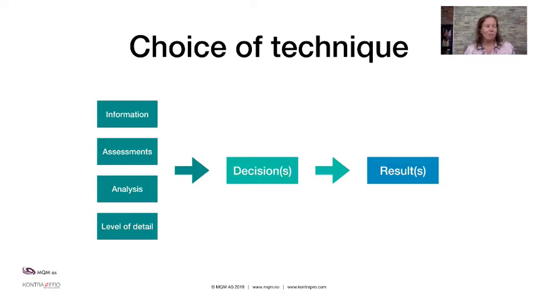And based on that, there are some decisions you need to make that should also play in. And of course, you want some results in the end. And you have to look at where you want to end up when you choose your technique, whether it's choosing a technique for assessing risk or a technique for assessing only stakeholders. So that's the point I wanted to make as an extra today.